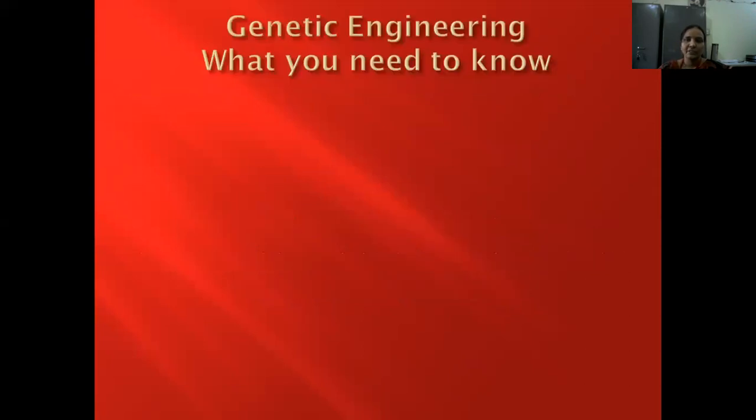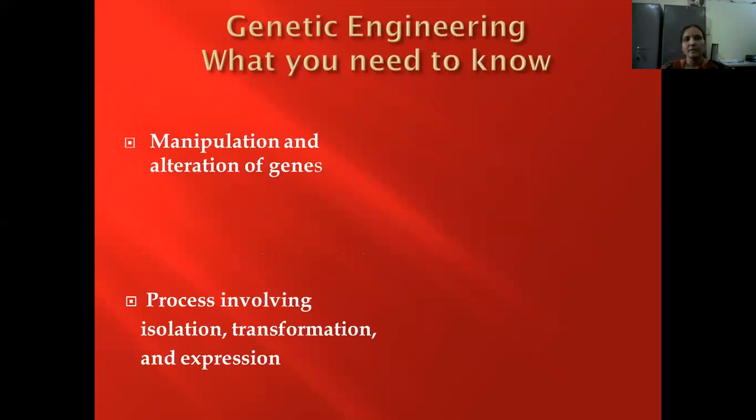So for genetic engineering, what do you need to know? First, manipulation and alteration of the gene. Then, which processes are involved? Isolation of the gene. Then the isolated gene should be transformed into another organism.